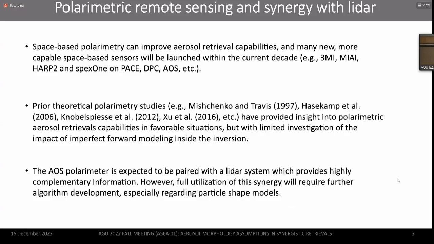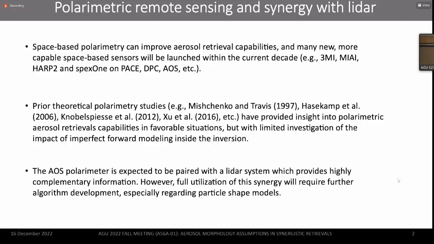We know that polarimetric measurements provide new insight into aerosol properties, more information than intensity measurements alone. As a result, we're launching quite a few high performance polarimeters over the next decade. These are motivated in part by very nice theoretical studies that show polarimeter retrieval performance under a variety of conditions and try to quantify that.